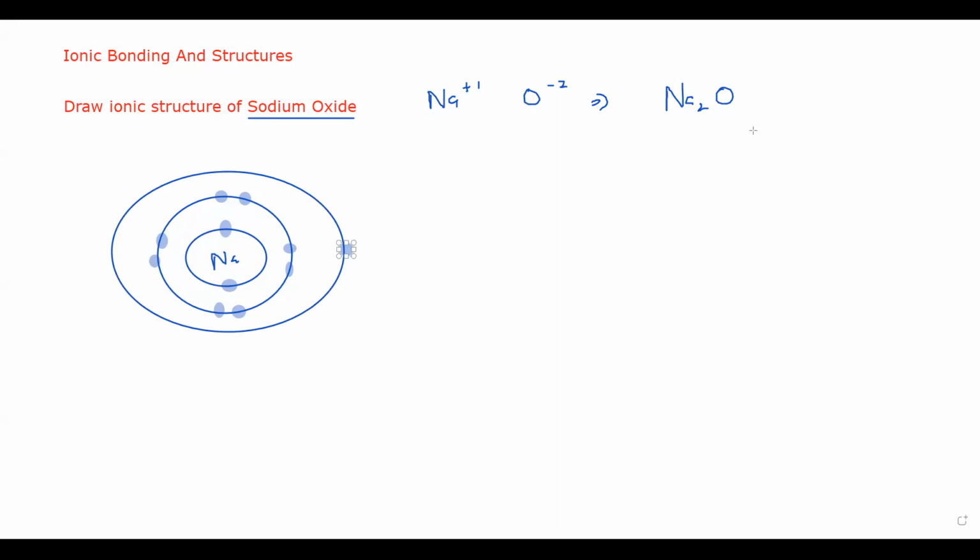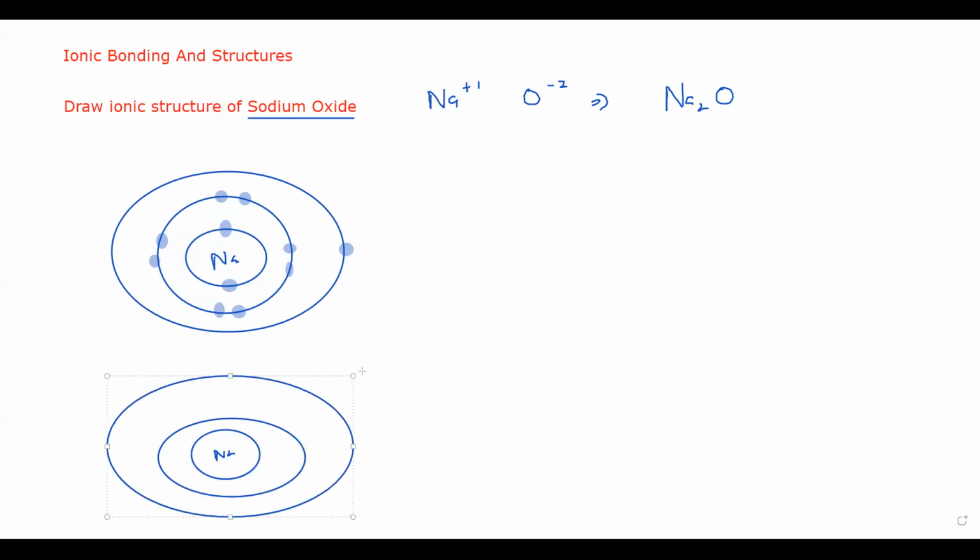Then we draw another sodium, because in sodium oxide the formula is Na2O. The second sodium atom is similar to the first: first shell 2 electrons, second shell 8 electrons, and third shell 1 electron.